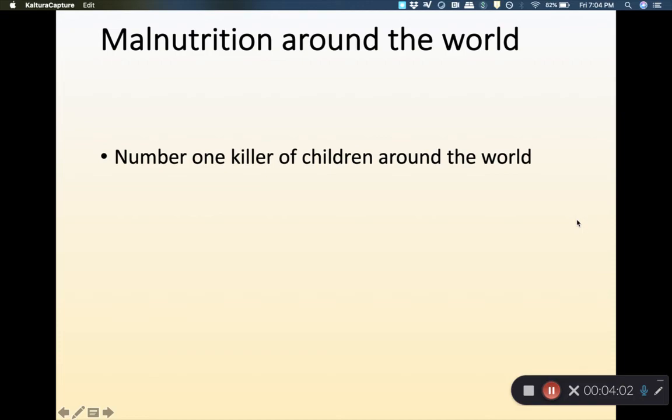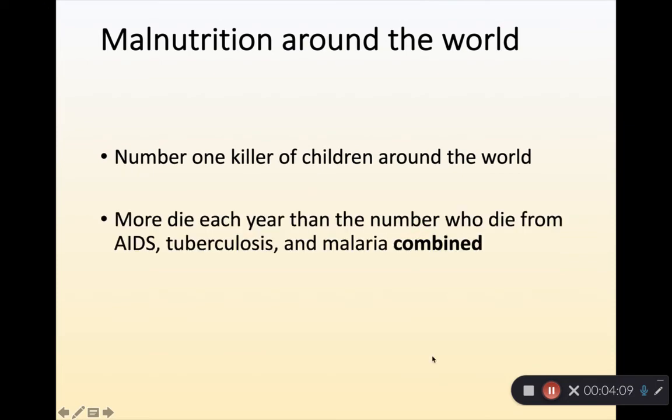Malnutrition is actually the number one killer of children around the world. In fact, more children die of malnutrition than AIDS, tuberculosis, and malaria combined. So it's really one of the most important DALYs, or disability-adjusted life years, affecting children around the world today.